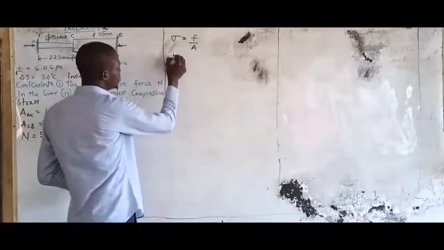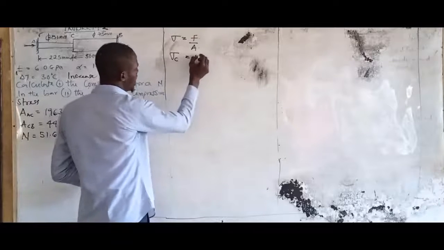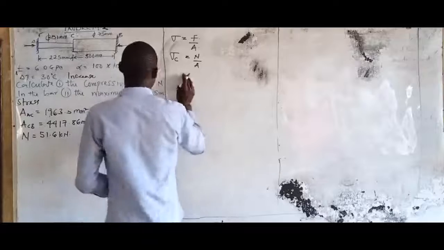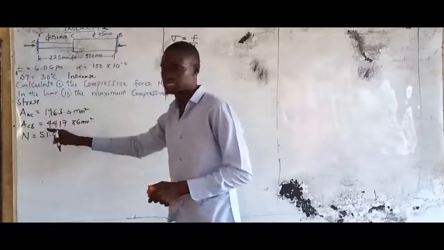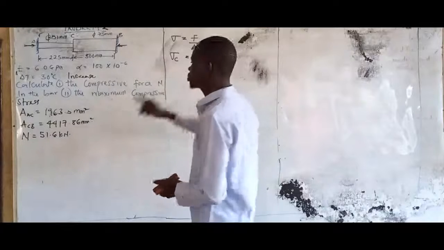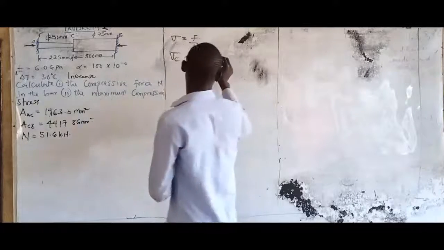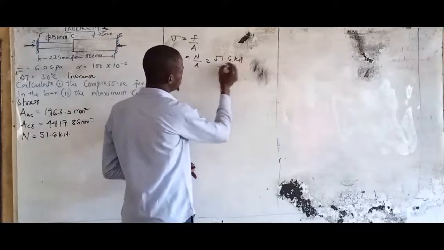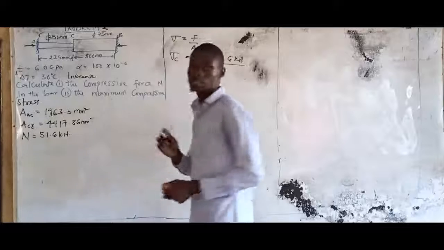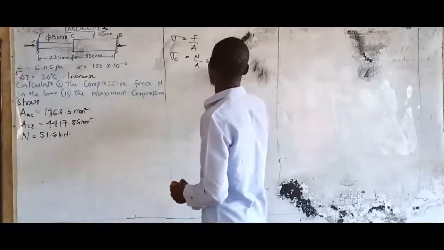So the maximum compressive stress sigma C is N over A, where the maximum stress is found in AC. My N is 51.6 kilonewton, divided by AC, which is 1963.5.